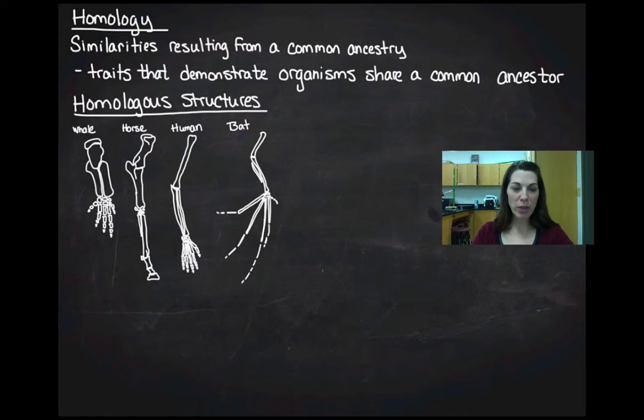But what you can notice in all of those is that there's one large bone up at the top, and that's in us the humerus. And then there's two bones in most of these organisms. You can see in the horse it's kind of fused together, but there's two bones here, our radius and our ulna. And then you have our phalanges, our fingers.